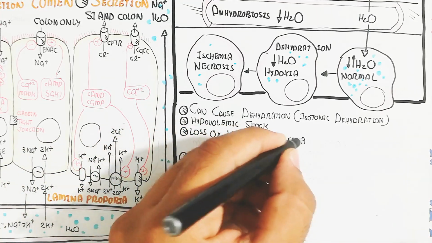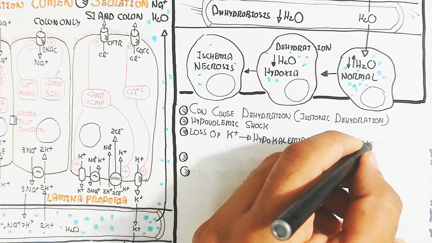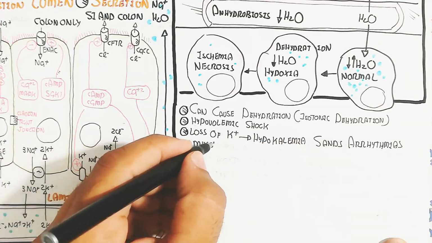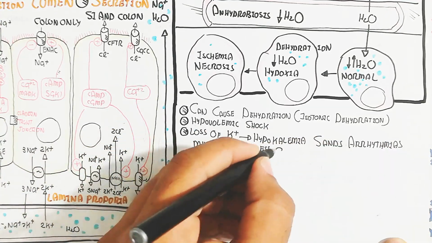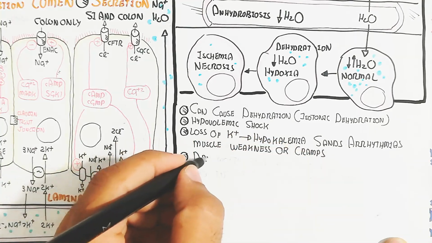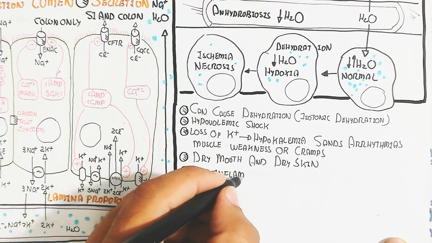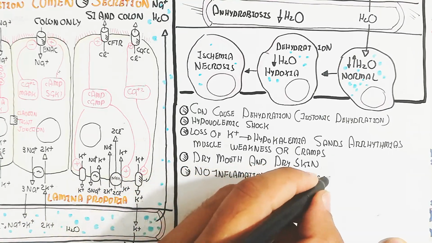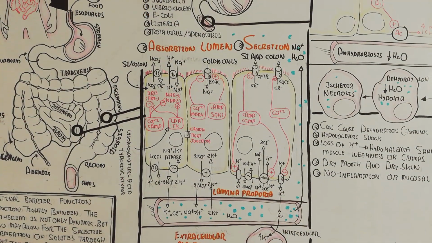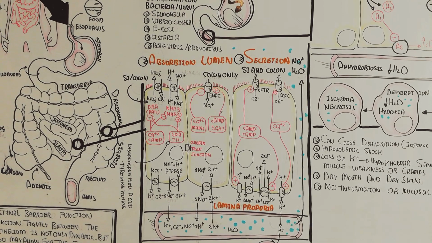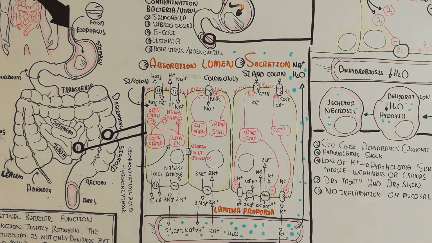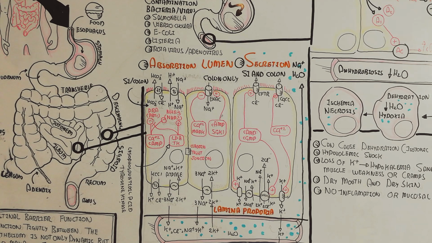Loss of potassium will lead to hypokalemia in the blood circulatory system and arrhythmias, because potassium and sodium are important for the heartbeat as well as nerve impulse. So muscle weakness or cramp as well as neurodegenerative processes can occur, along with dry mouth and dry skin, and no inflammation or mucosal damage. So the inflammation will not occur, but these problems will occur.